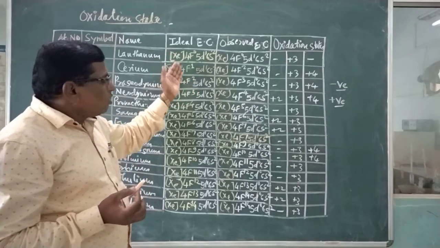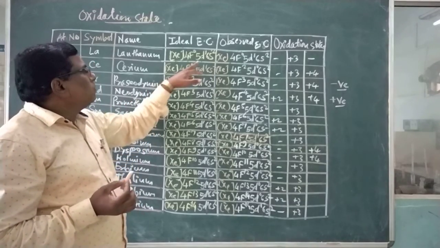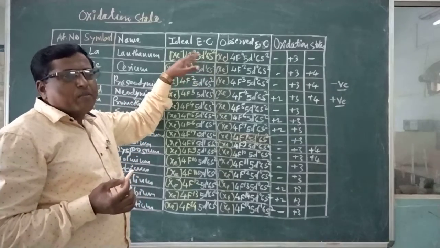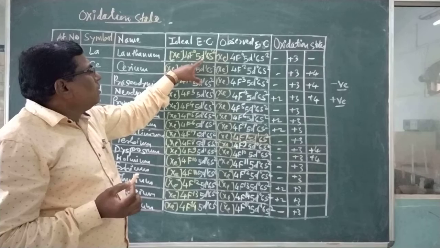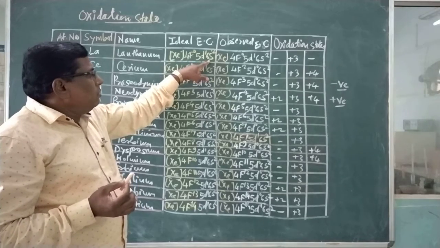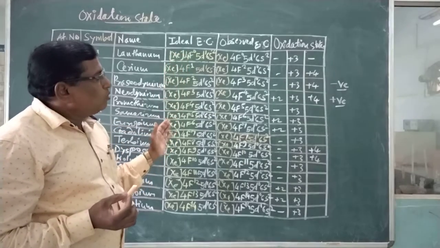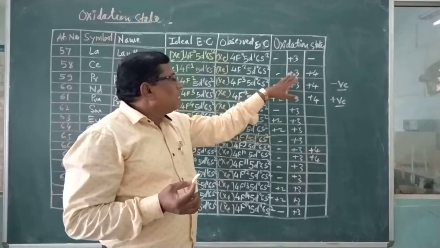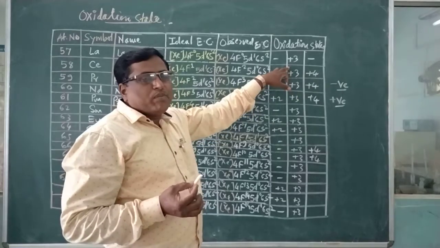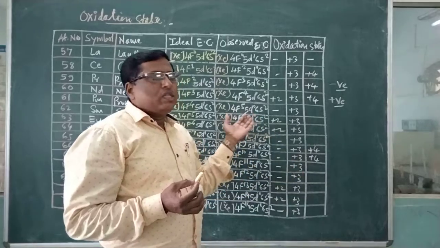In each element 5d1 6s2 is common, so one electron from 5d and two electrons from 6s can be removed from each element. Therefore plus 3 is the common oxidation state for all the elements.